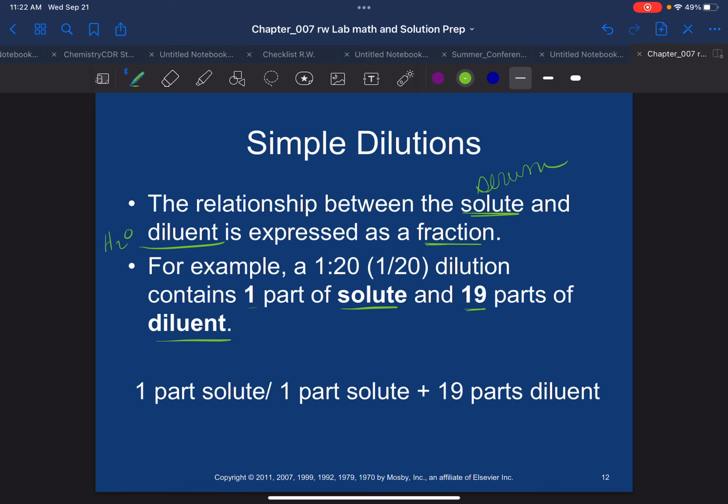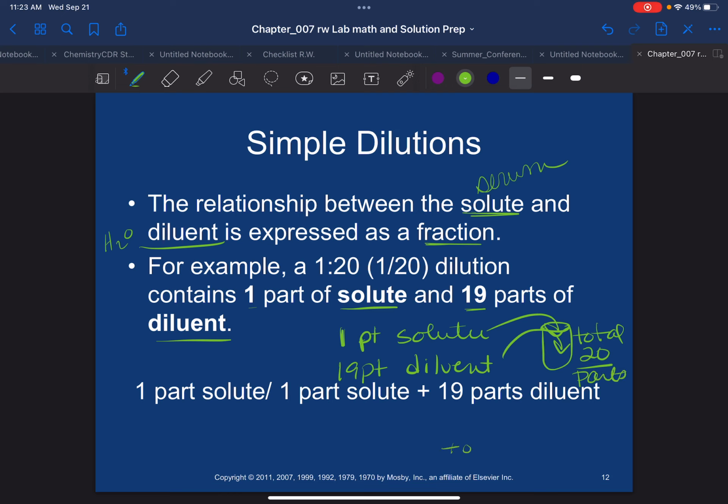So we put 1 part solute into a tube, and then we put 19 parts of diluent into the test tube, so you end up with 20 total parts. The total volume would be 20 if you were using milliliters.